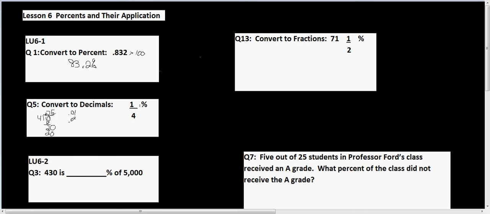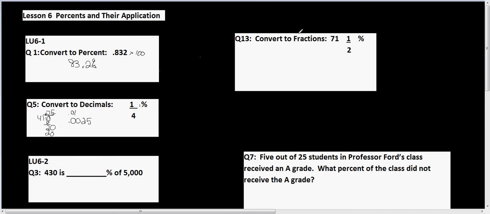We don't have 1%, we have less than 1%. 1/4 is 0.25. So 1/4 of 1% is 0.0025.